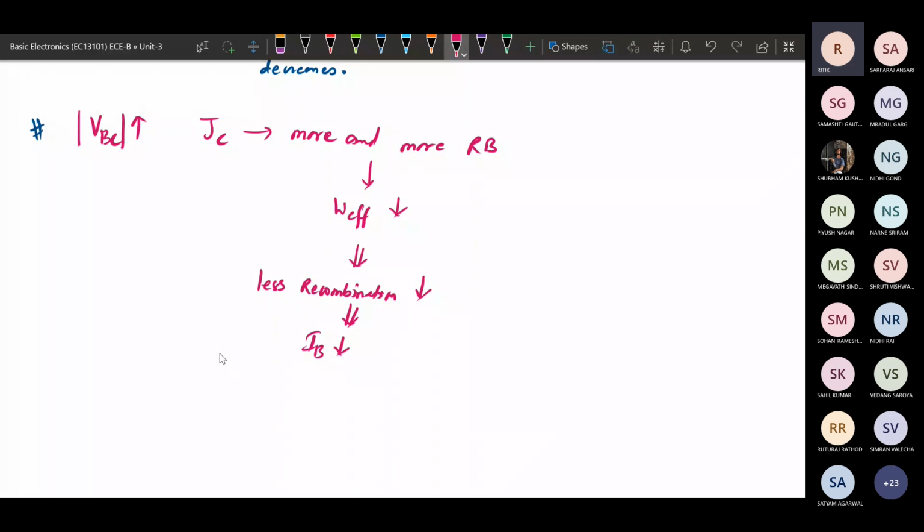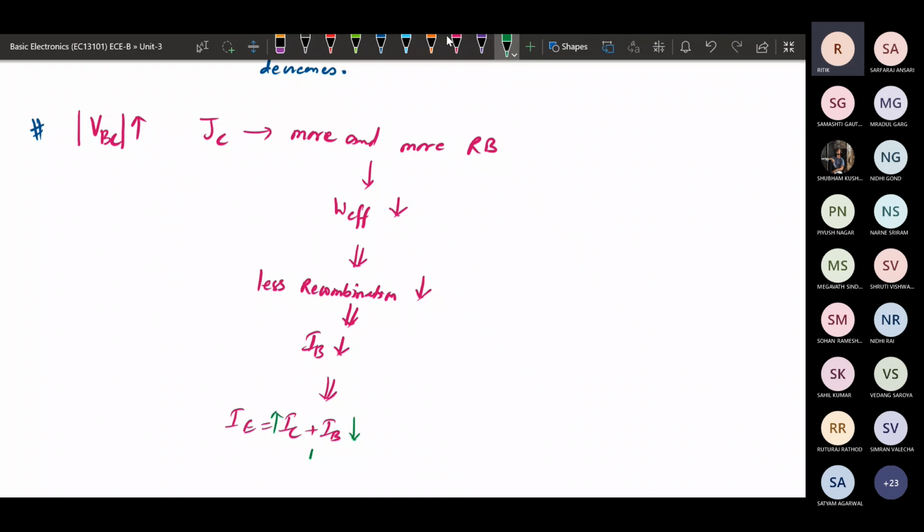Okay, so if IB is going to reduce, we know IE is equal to IC plus IB. So when IB reduces, that means IC will be increasing, because IE can be considered a constant value.